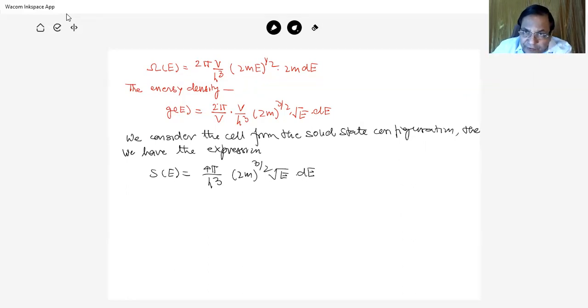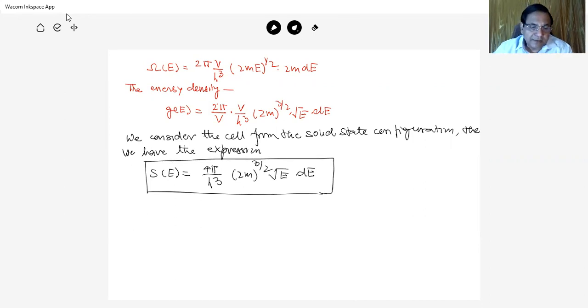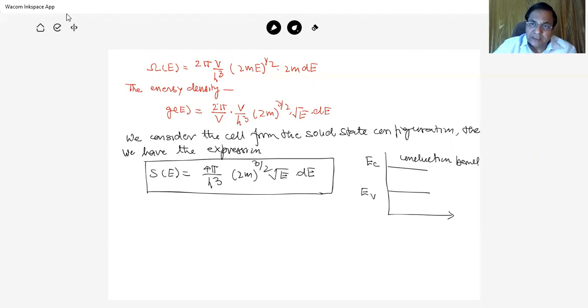Now we have to find this expression in the state, something like this: E valence, E conduction. This is your conduction band, and here it is valence band.